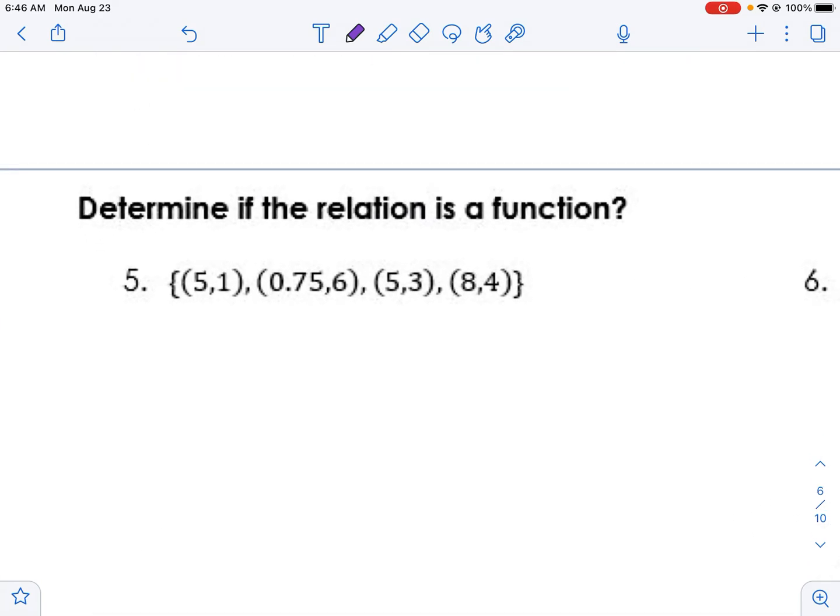Okay, so it says determine if the relation is a function. So we have 5, 1, 0.5, or 0.756, 5, 3, and 8, 4. Well, if you notice, I have two x values going to two different y values. So therefore, this is not a function.